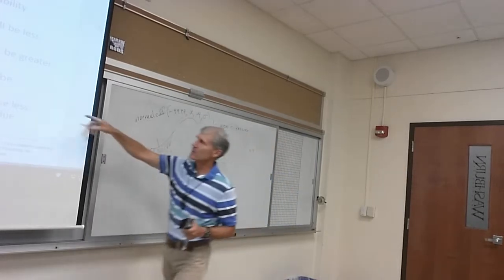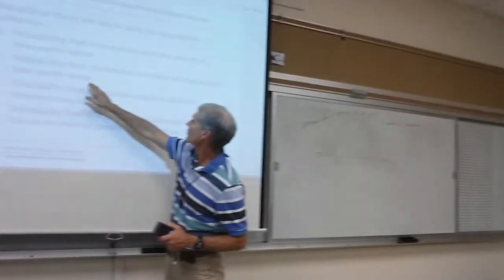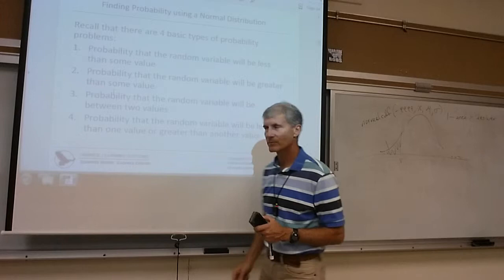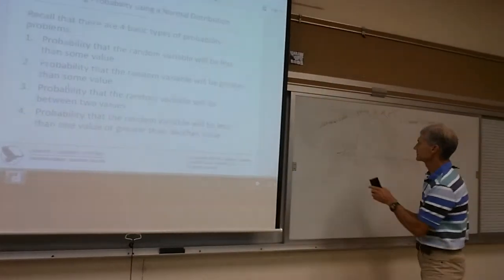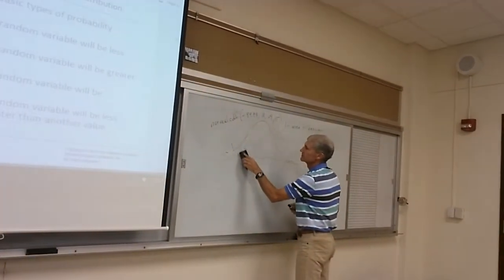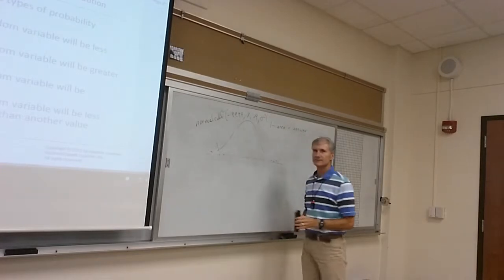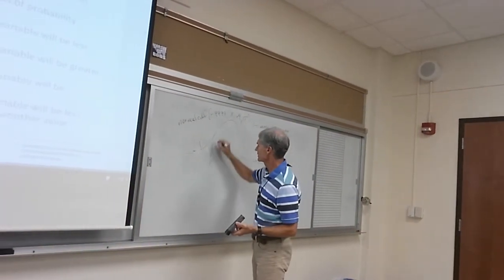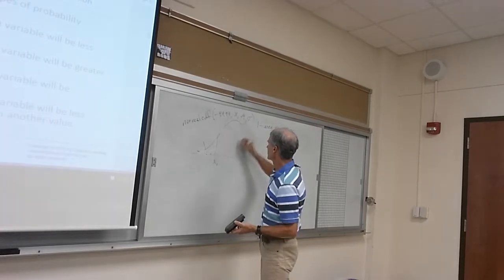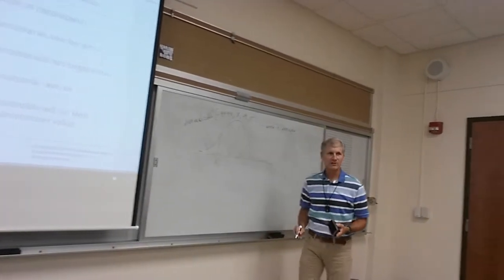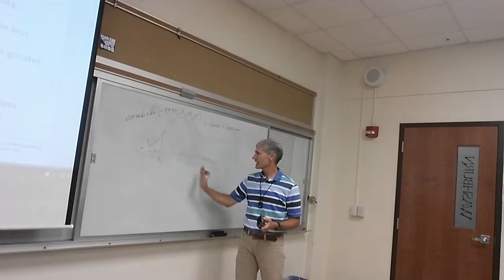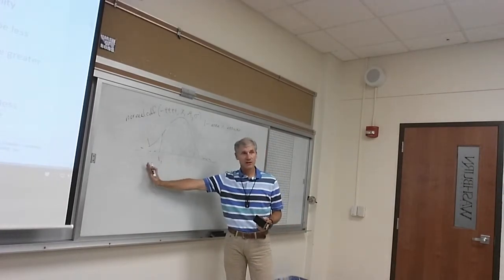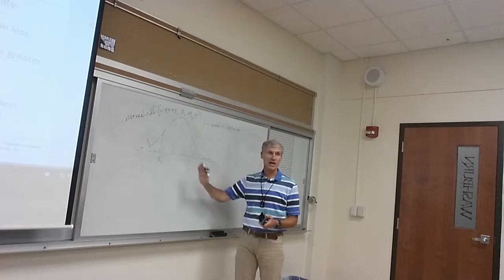Okay, number 2 says probability that the random variable will be greater than some value. What's that picture look like? x1 to infinity. Okay, if I use the same x1, greater than some value, that's a right tail area. Now, it doesn't have to just be in the tail. It can be from a value way down low, and then you're just shading to the right.